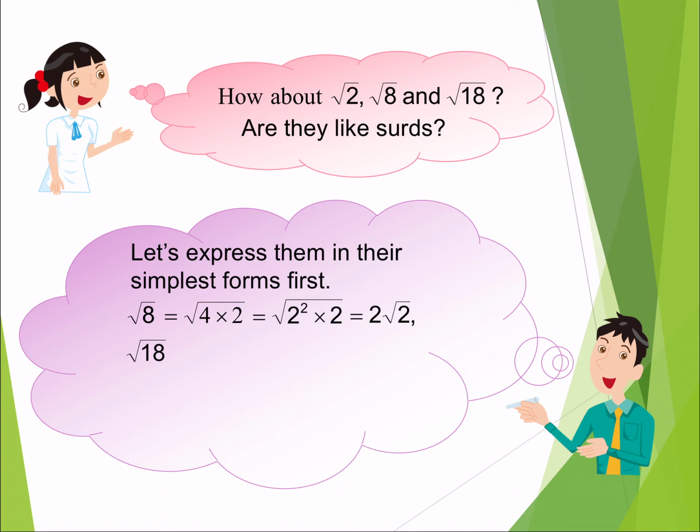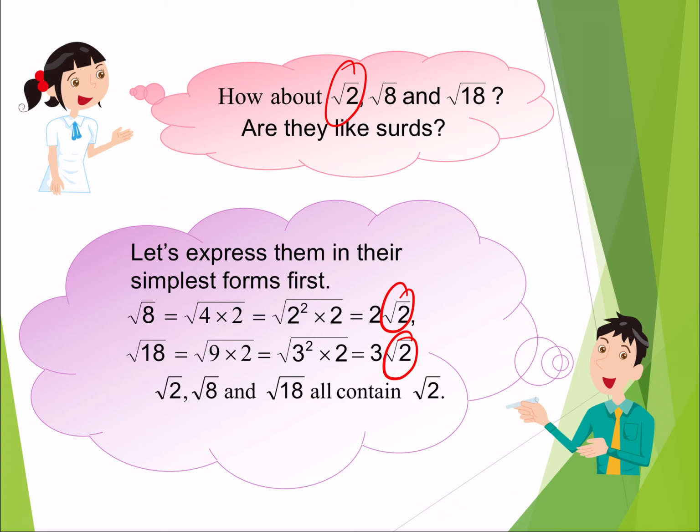And for square root 18, 3 squared times 2, okay? So the square of 3 can be cancelled with the square root, so 3 times square root 2. So you can see all these numbers contain square root 2. So these 3 numbers are like surds.